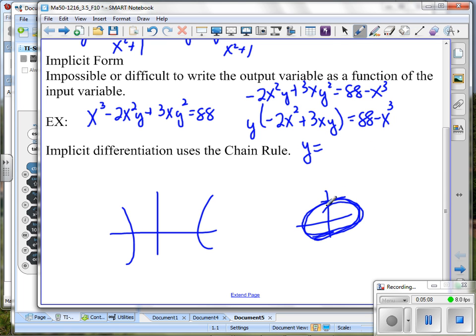Can I find a point on the ellipse? Yeah. Well, if I can find a point on the ellipse, can I find a tangent to that ellipse? Yeah. If I have a tangent, can I find the slope of that tangent? So I can do all of these things even if I don't start with a function. So these things are not going to be functions, but I can still look at their derivatives.